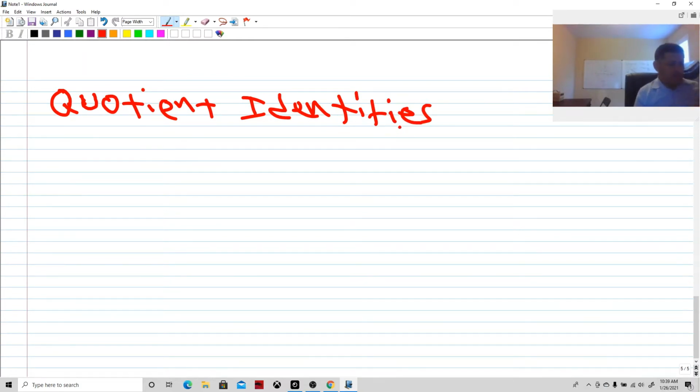The quotient identities are two functions.